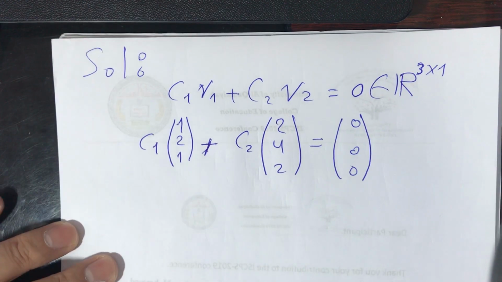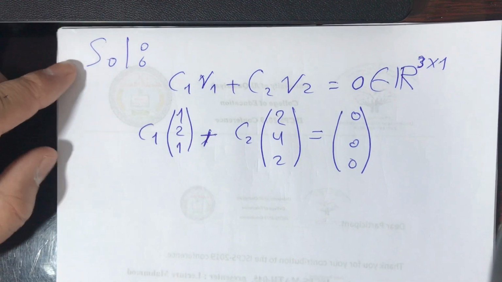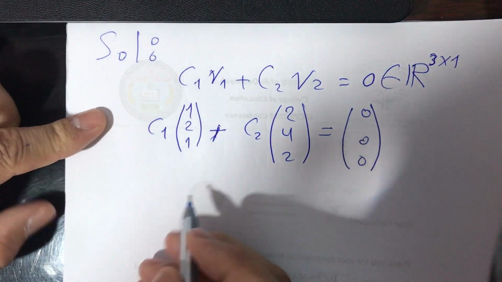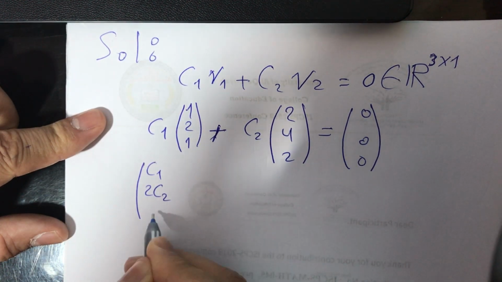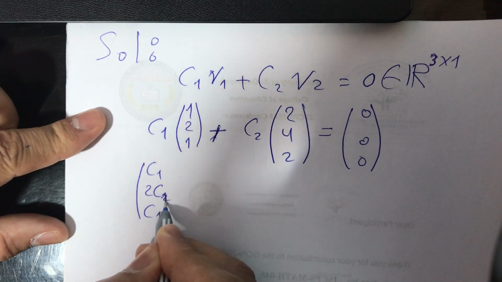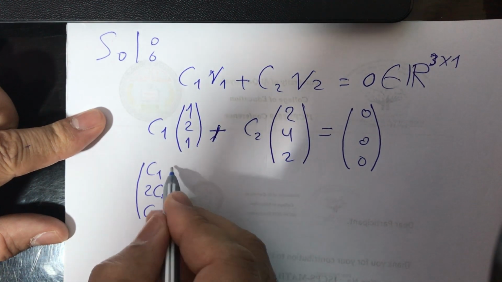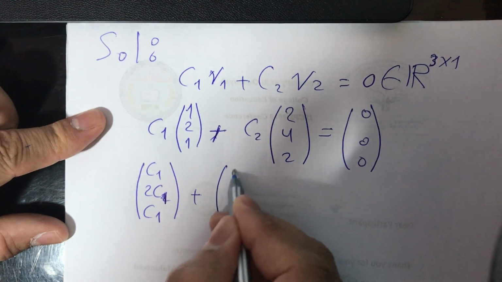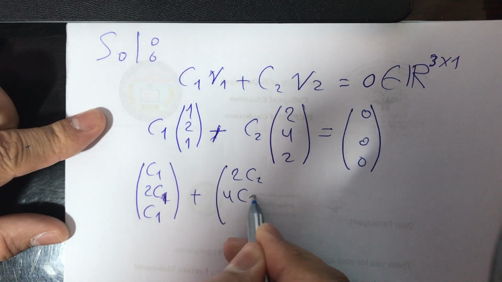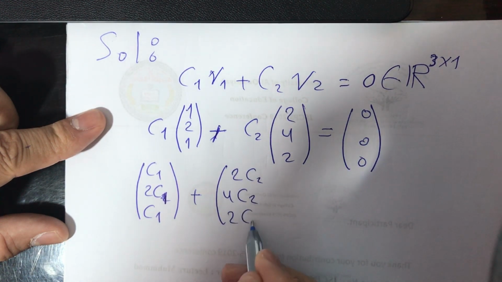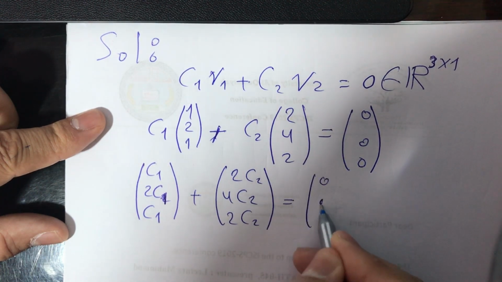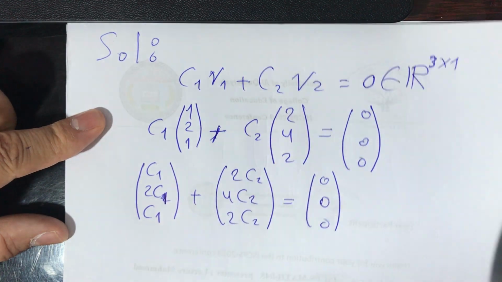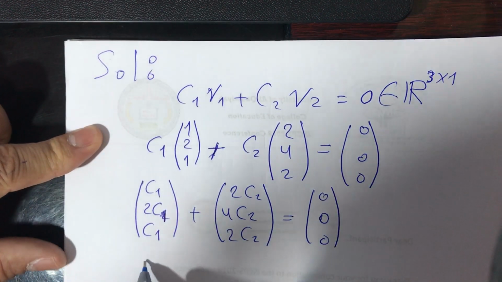Now try to do it and see the values of C1, C2. This is C1, this is 2C2, here 2C1, here C1 plus 2C2, 4C2, 2C2. This is equal to 0, 0, 0. And sum these vectors.